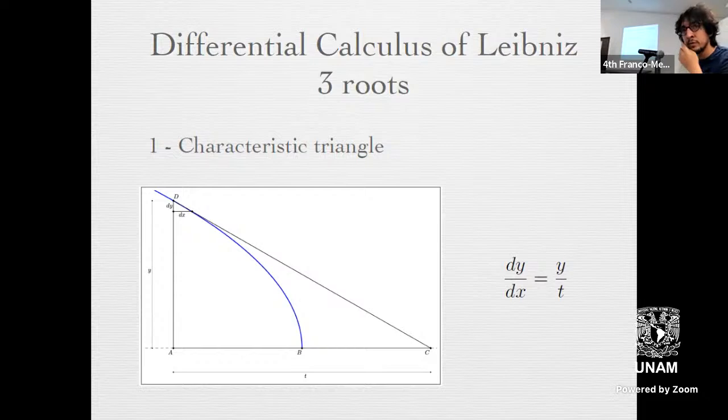So you can use the Thales theorem you learned at school to get this equation and to have a relation between the infinitesimal evolution and the global property that are the tangents. Okay, that's the first root.